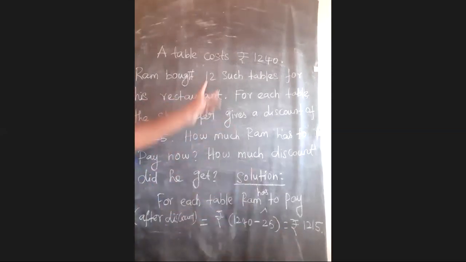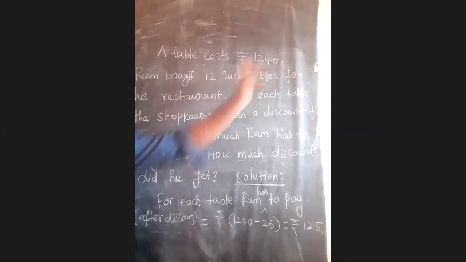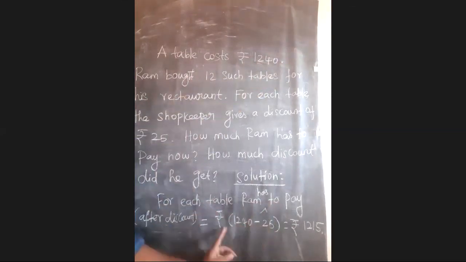For each table, he has got 25 rupees discount, so we are subtracting 25 rupees from 1240. So for each table, he has to pay rupees 1215.